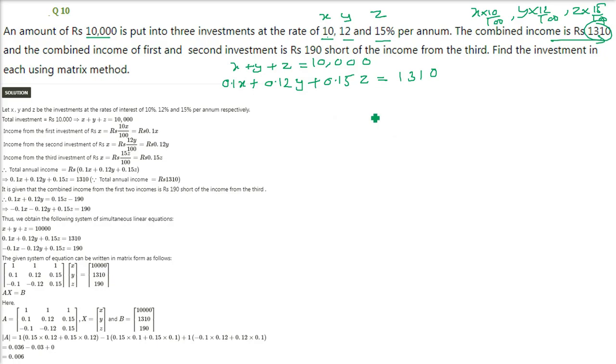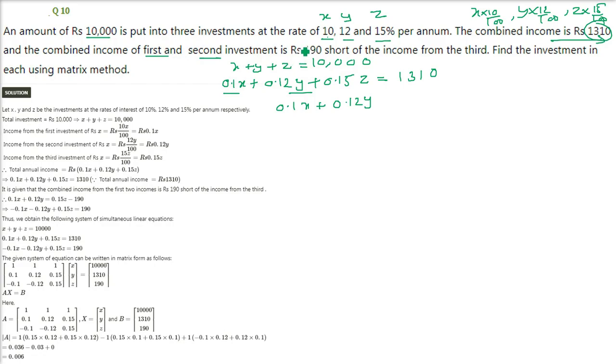So 1310 it is. Now the third equation is saying the combined income of the first and second investment is rupees 190 short of the income from the third. So when you add the first and the second investment, that is 0.1x plus 0.12y, that combined income is 190 short.